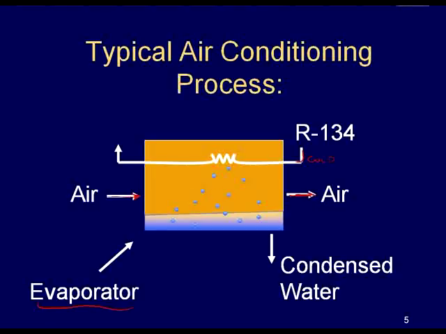As the air is blown across it, particularly in the humid south, you will see water droplets start to form on the coils or heat exchanger surface, and that water will drop out as liquid because the air has become saturated as we cool it.